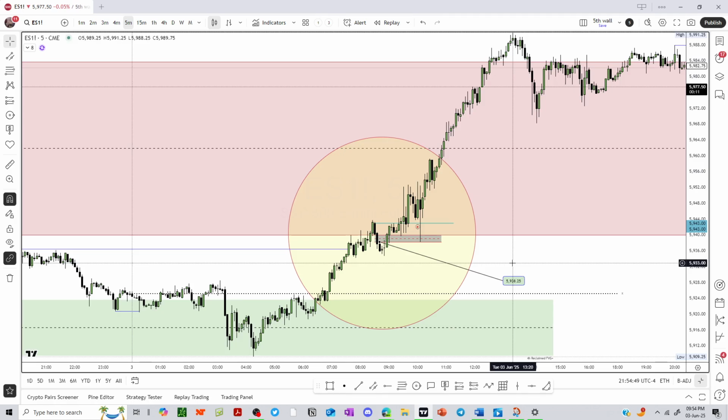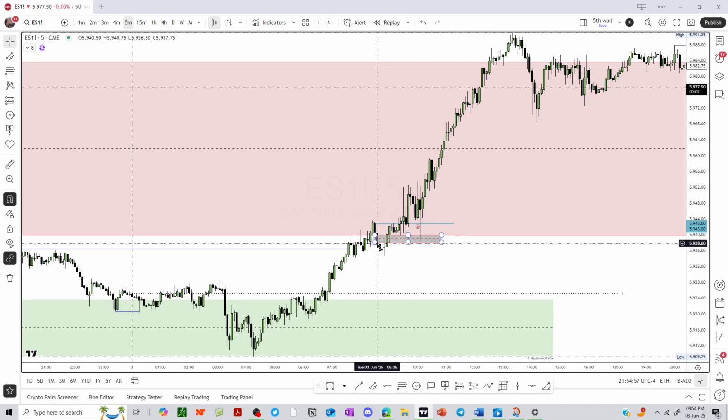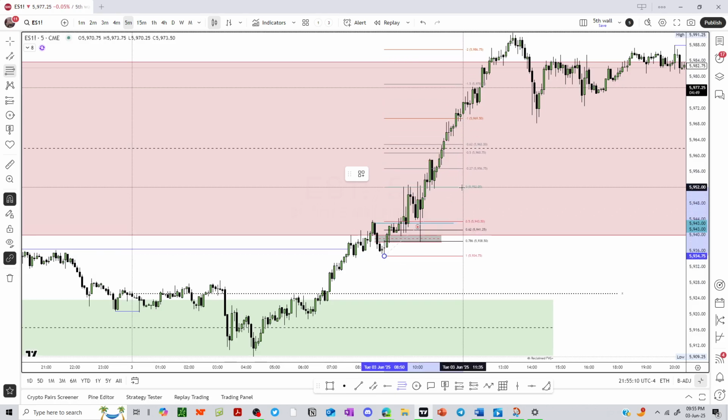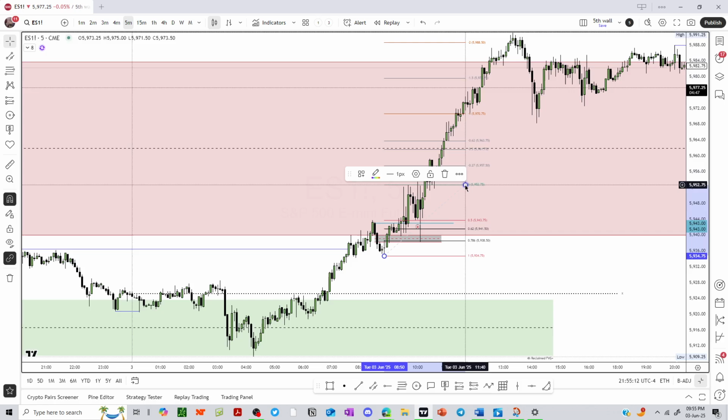I only pointed it out not for the precision's sake, but to show the significance of the PD array and the level of key support and resistance, right? The PD array formed its own key support and resistance.